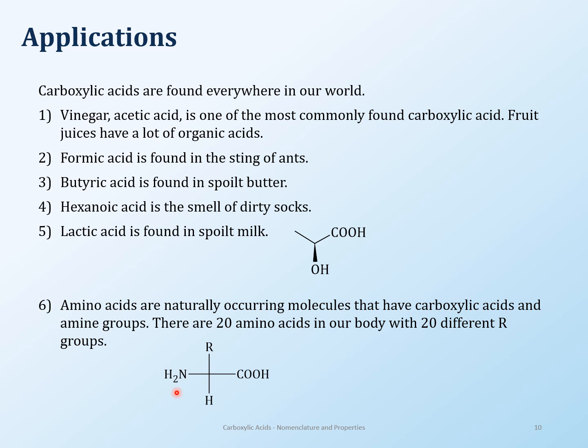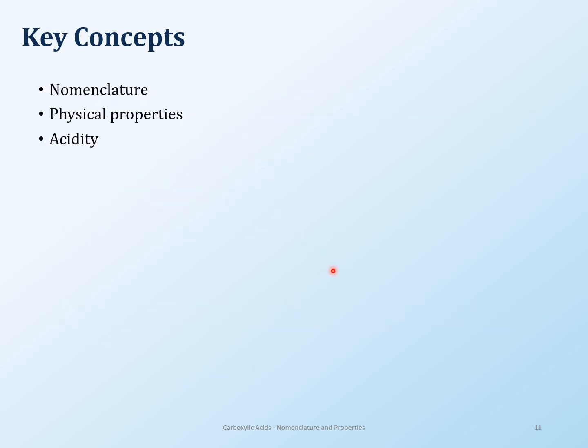There are 20 of these molecules in our body, 10 essential, 10 non-essential, non-essential meaning your body can make them. But anyhow, you don't have to know this. You will do this more in biochemistry, where you learn all the 20 amino acids. But those are all carboxylic acids. So that's that for this little topic here. We'll go on to learn about the synthesis and reactions.